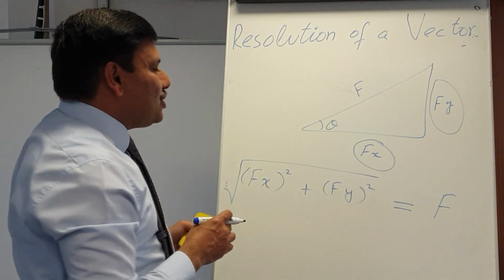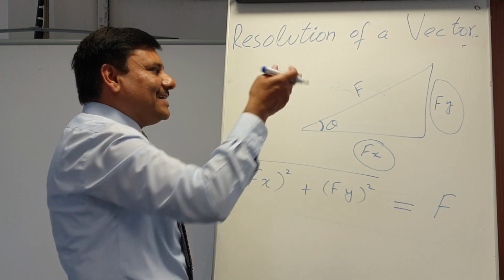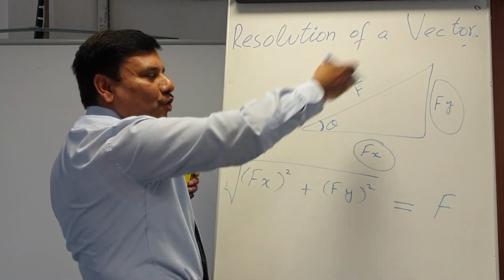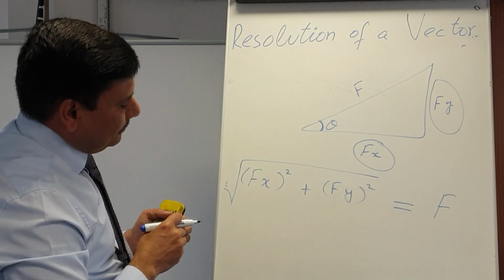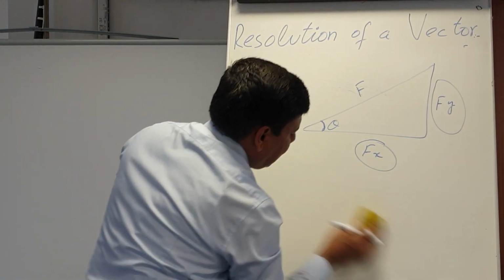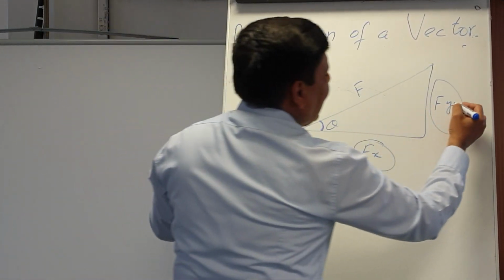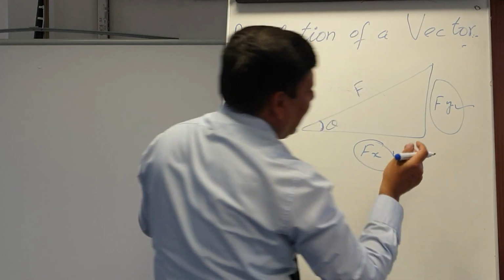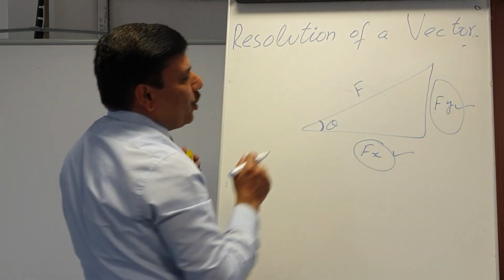Now the next step is to find the value of theta, which is actually the direction of this force, the direction of this vector, if I consider it as a vector. Then how can I find the theta? Actually, with the help of this and this, because we have the known values of fx and fy only.